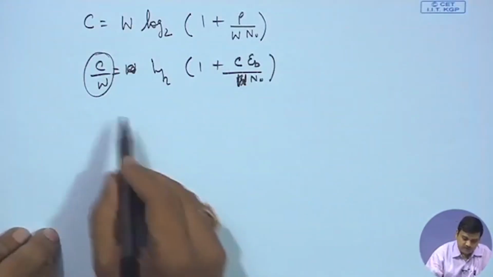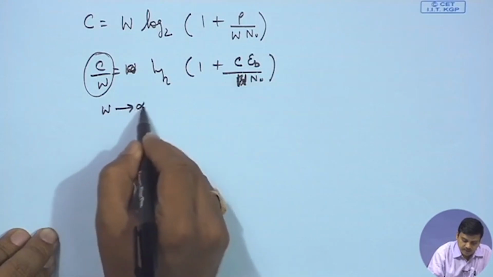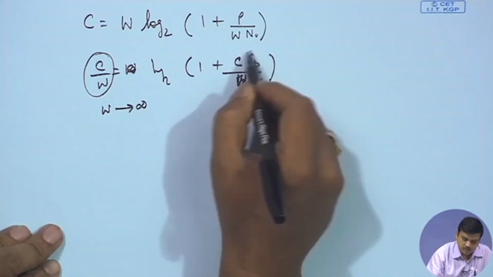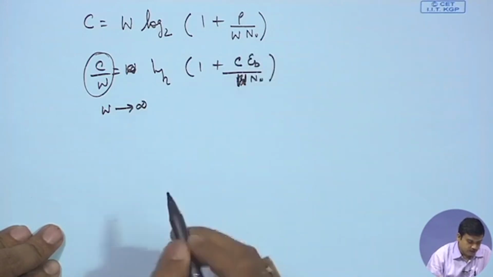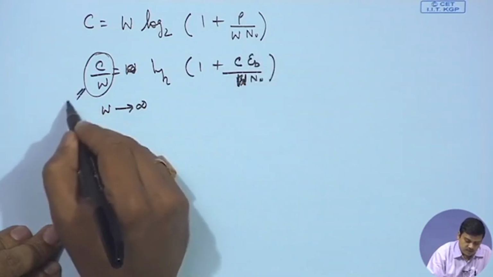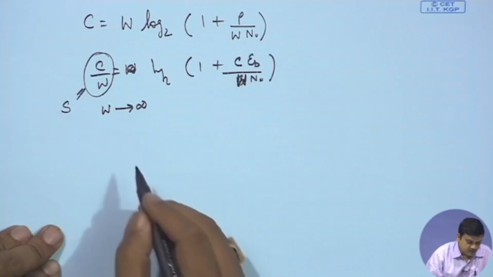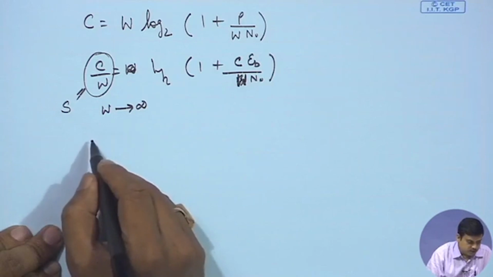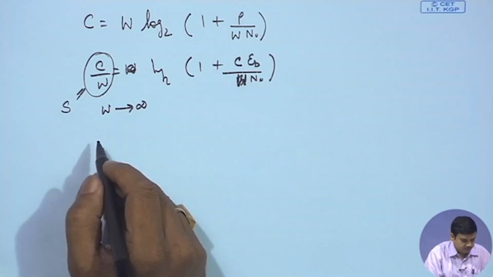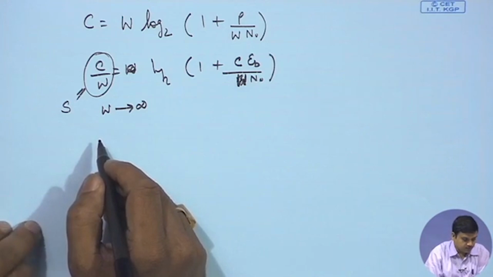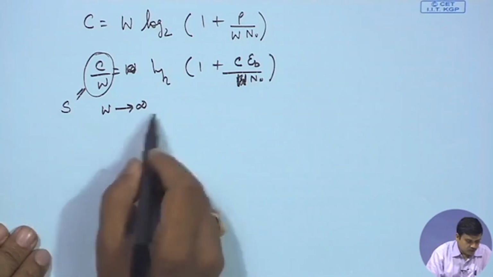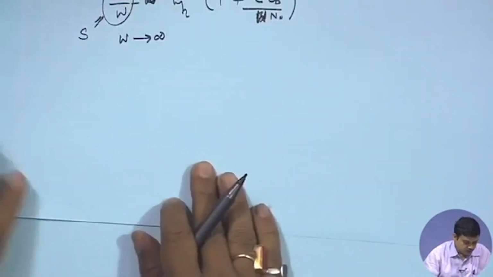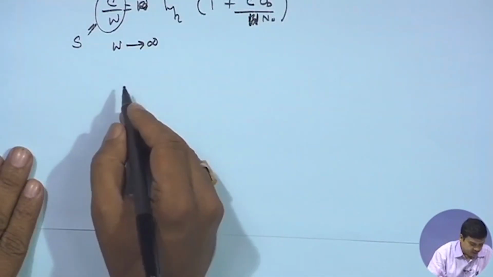So, we are interested in making W go to infinity, and the question is what happens to Eb upon N naught. Let us denote the spectral efficiency by S. So, what we would like to say is, if we want the spectral efficiency S to go to 0, what would be the impact? Let us look at the expression.